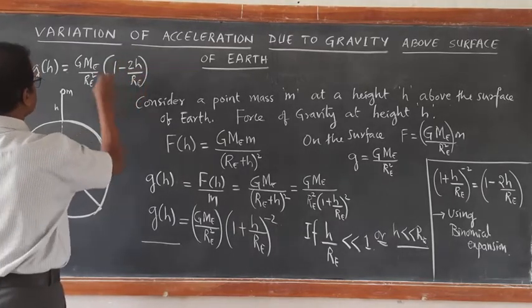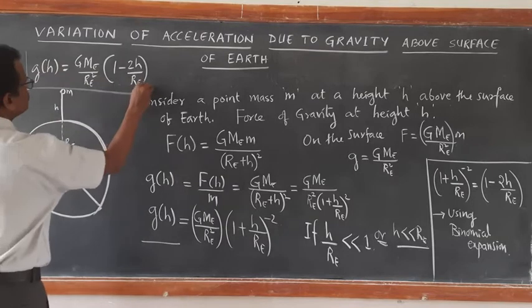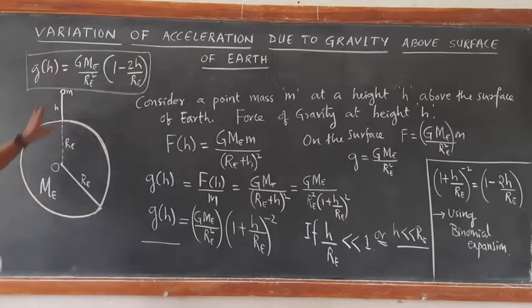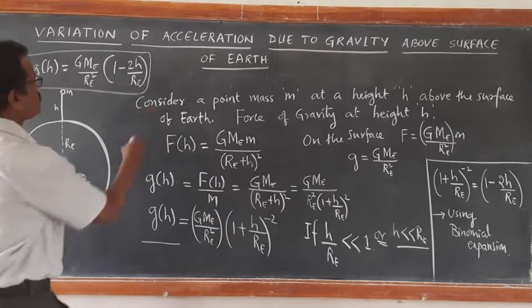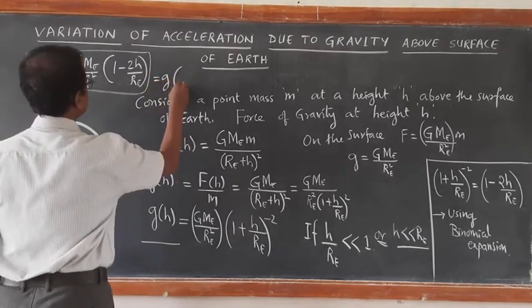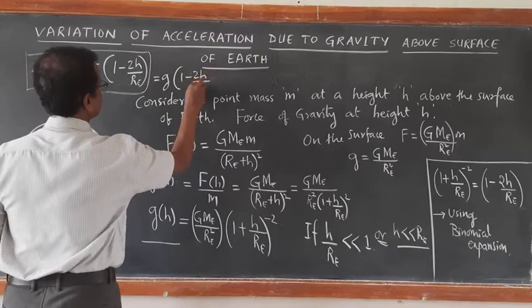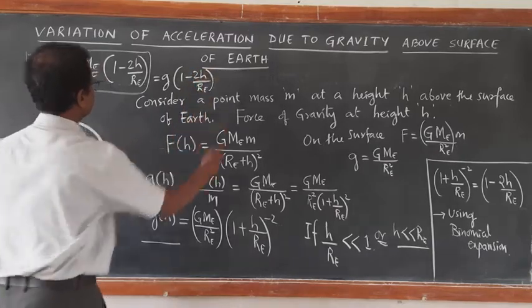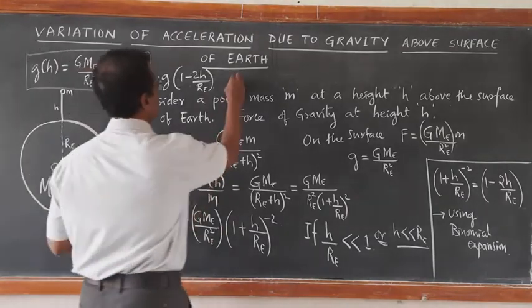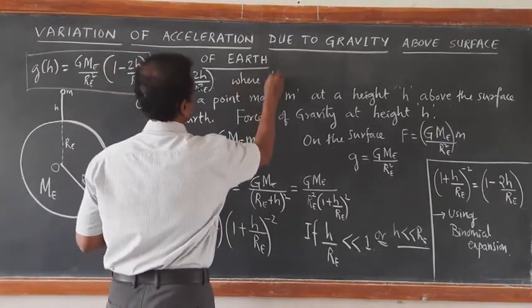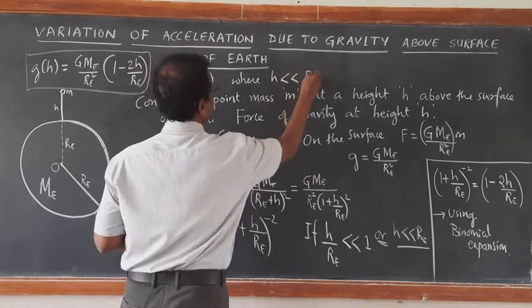So the equation becomes simple. This G Me upon Re square can be written as small g. So it becomes g into bracket 1 minus 2h upon Re. This is how we get the equation at a height where h is very small compared to the radius of Earth.